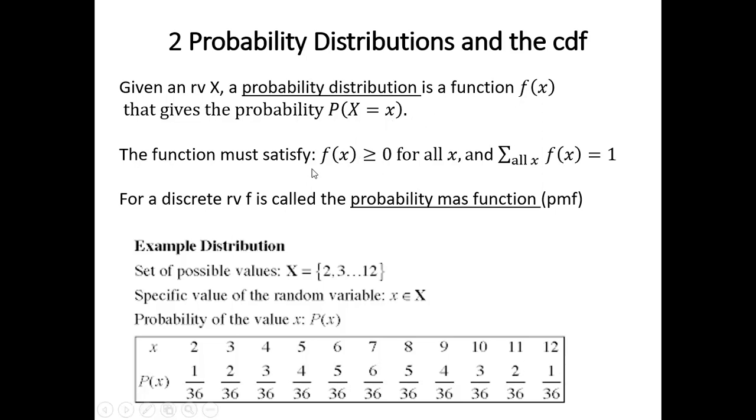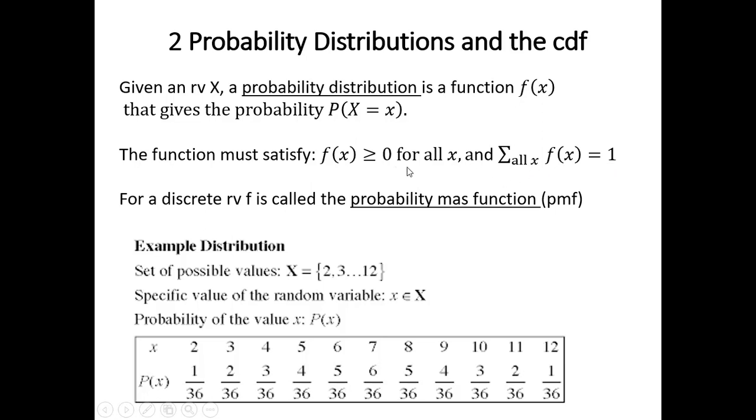So a couple of properties the function must satisfy. f of x must always be greater than or equal to 0. Right? And remember, f of x is giving the probability of x, so that always has to be greater than or equal to 0. And the sum of all the probabilities has to be 1.